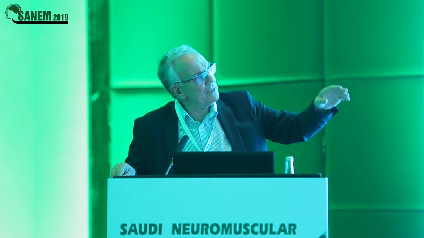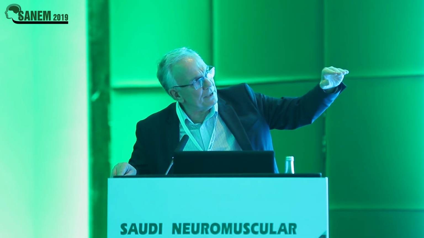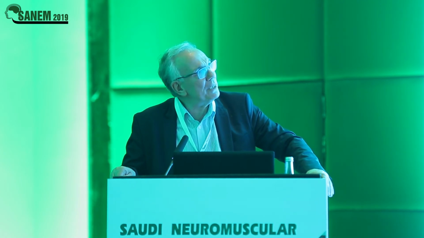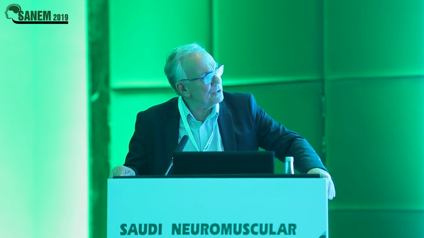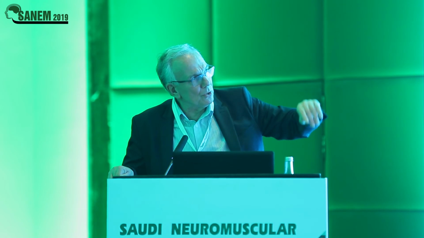But after 6 months, there is a really clear difference between the decline that is usually seen in type 2 patients and the improvement that we see because of the therapy. In the upper limb model, you also see the difference in comparison.